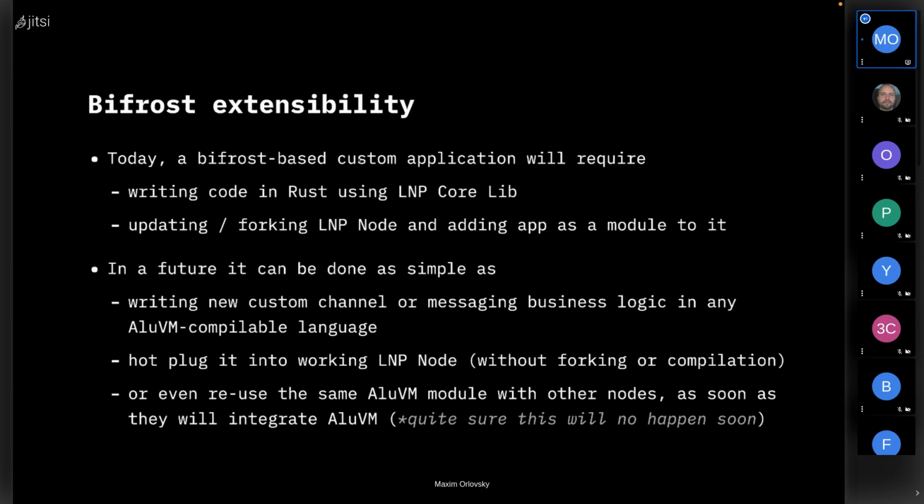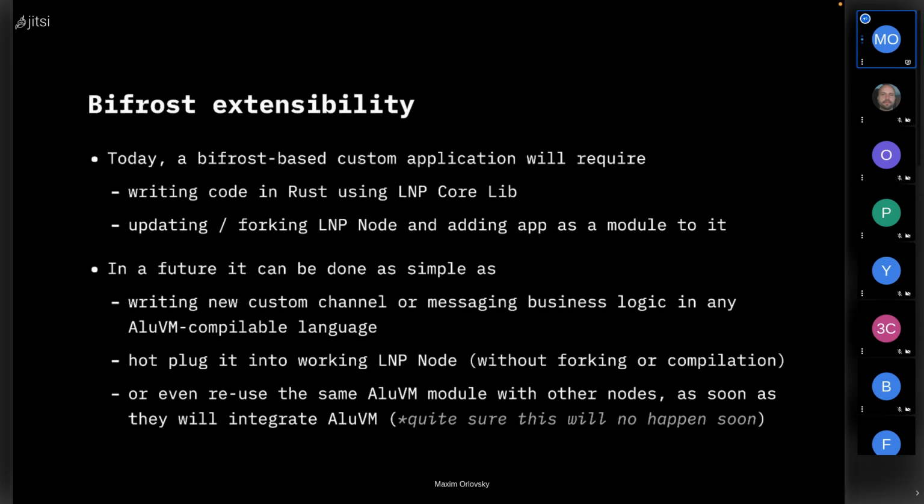We would like to believe that maybe in the future, other Lightning node developers will also integrate this, which will unlock for them the same ability, such that a custom channel can be written once and used in all existing Lightning nodes.